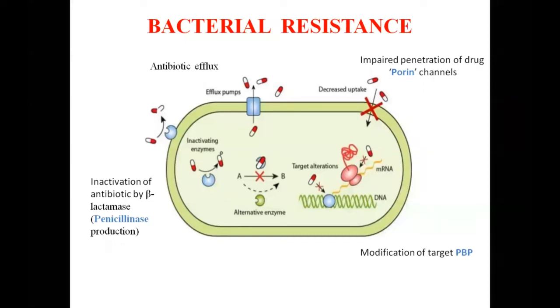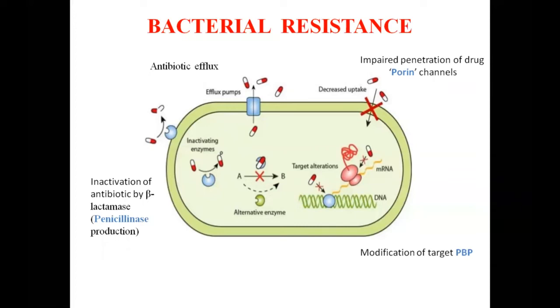Many of the resistant organisms like staphylococci, gonococci, E. coli, H. influenzae have become highly resistant by producing penicillinase. This is there for penicillin as well as for cephalosporins. The same bacterial resistance pattern is because of these mechanisms. The bacteria is developing these mechanisms, leading to the problem of resistance.